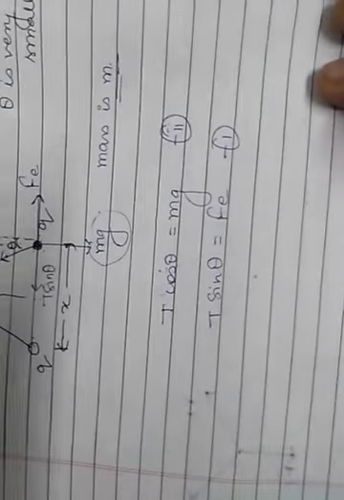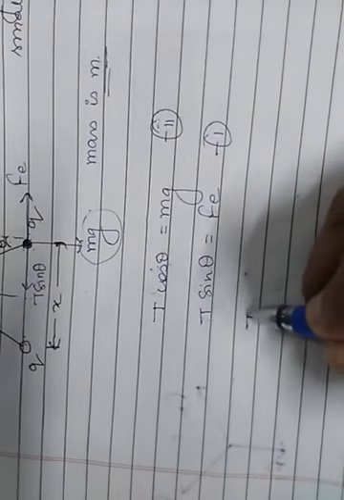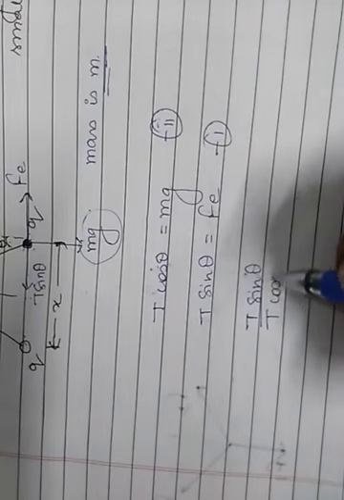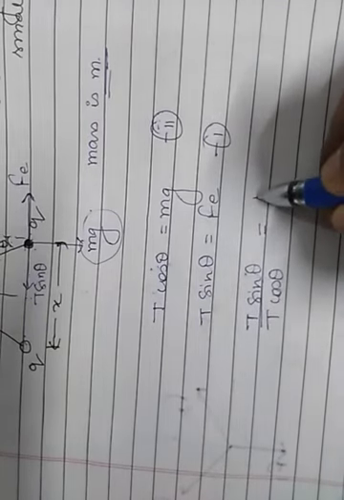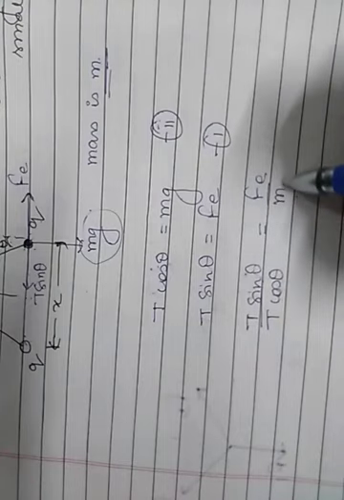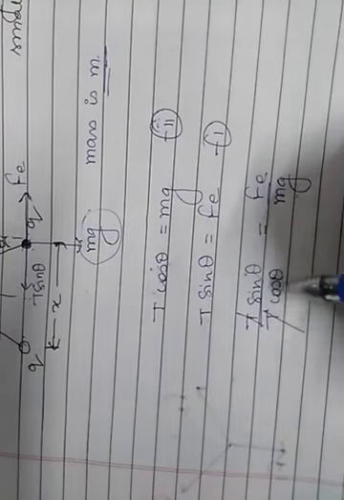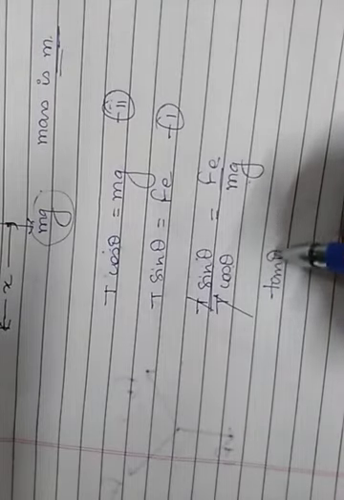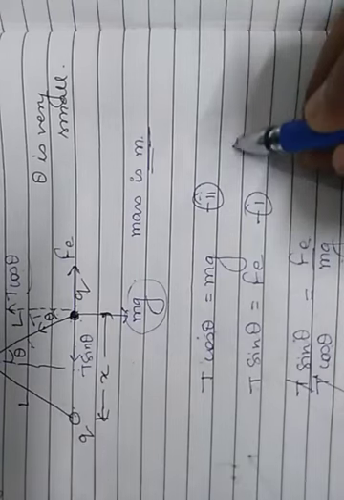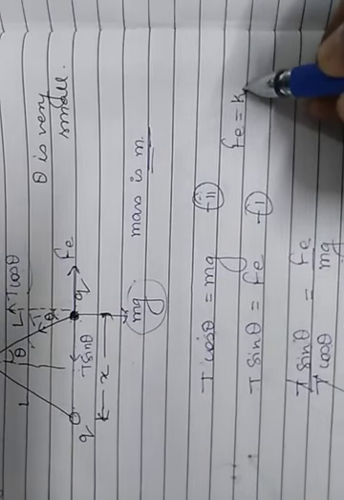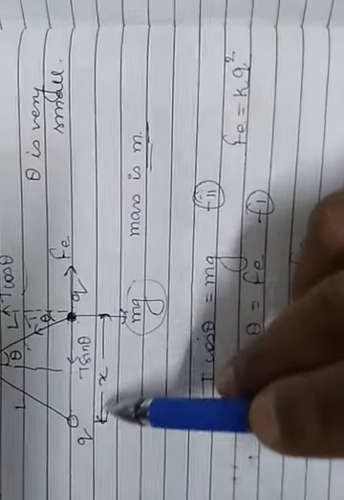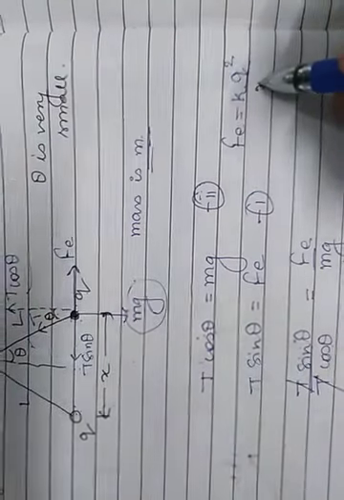Divide equation first by second. So we have T sin theta upon T cos theta equals Fe upon mg. T and T get cancelled. Sin theta upon cos theta is tan theta. Now Fe is the electrostatic force, K times the product of two charges, Q square, and the distance between them is x, so it is x square.